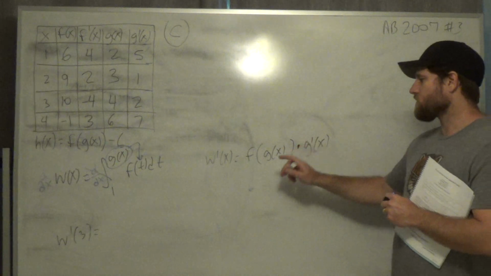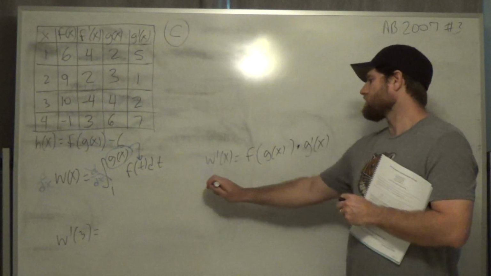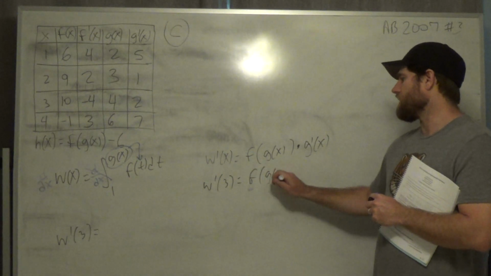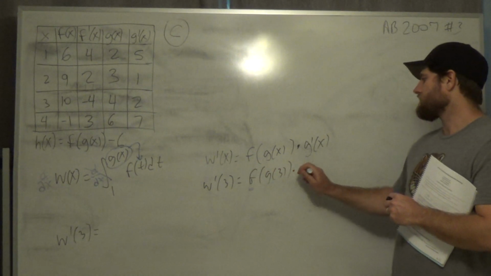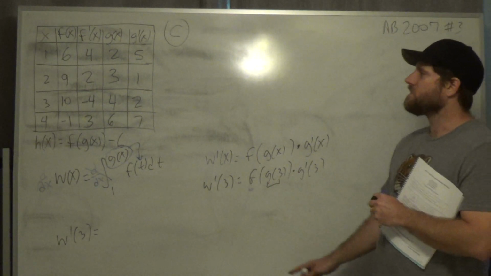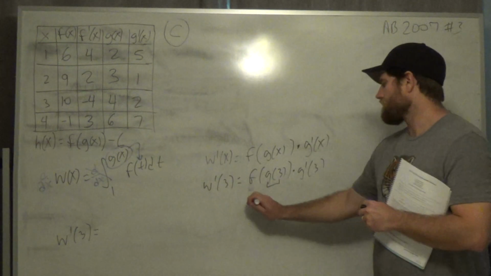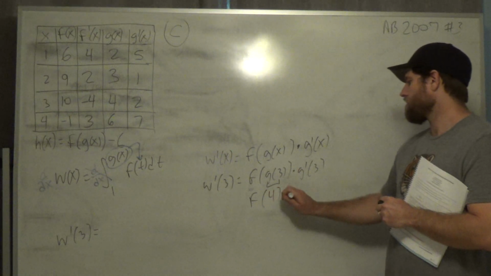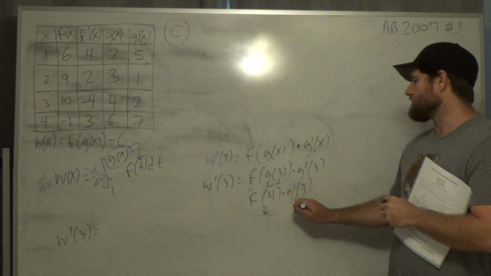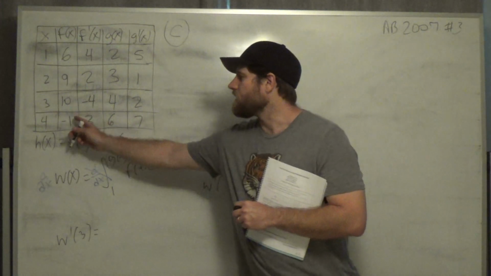And now I can answer what is W prime 3. So W prime 3 is f of G of 3 times G prime 3. If I look up G of 3, it is 4. And now if I look up both of these, f of 4 is negative 1.